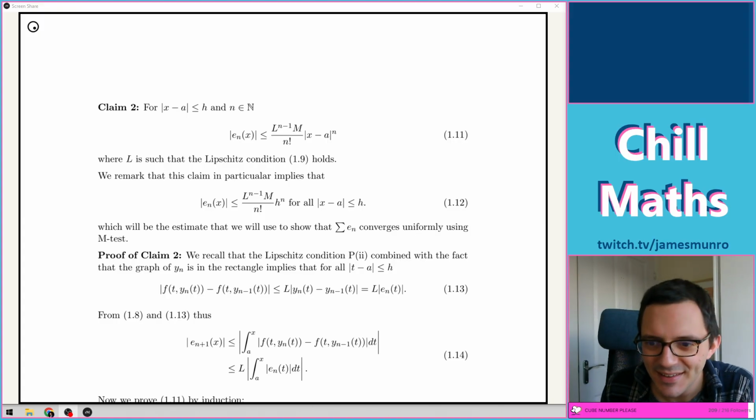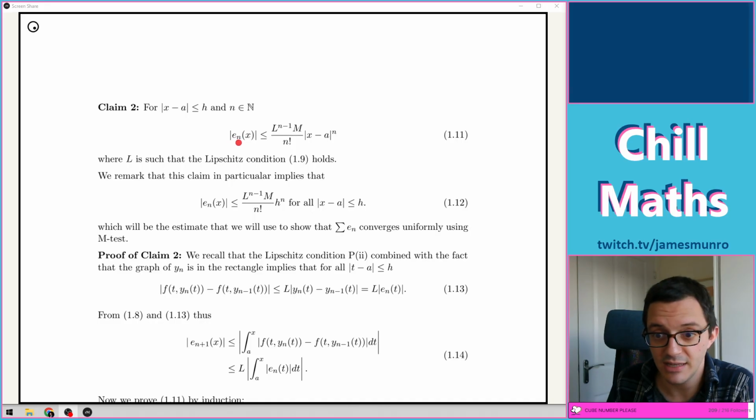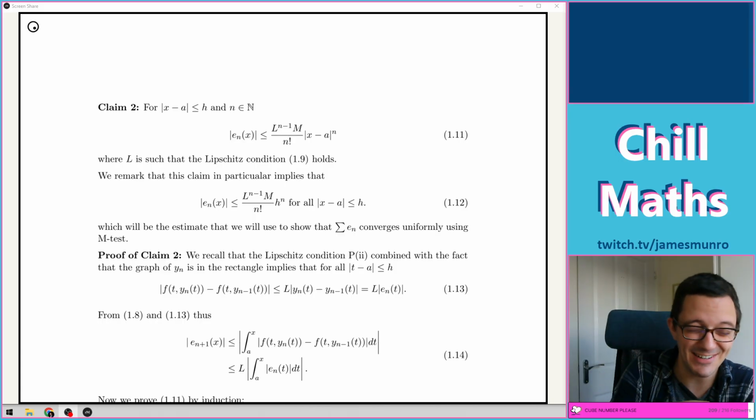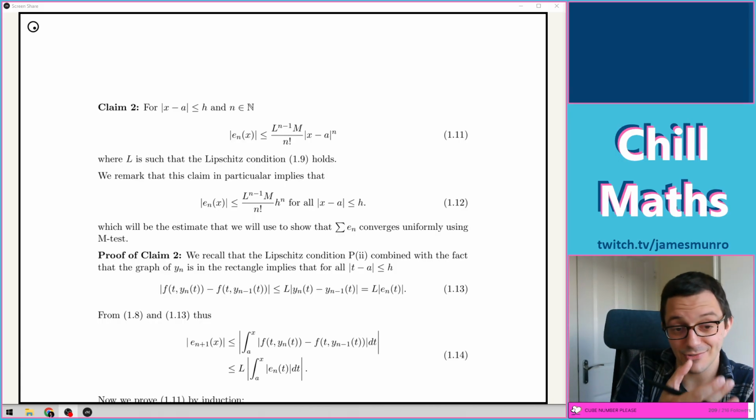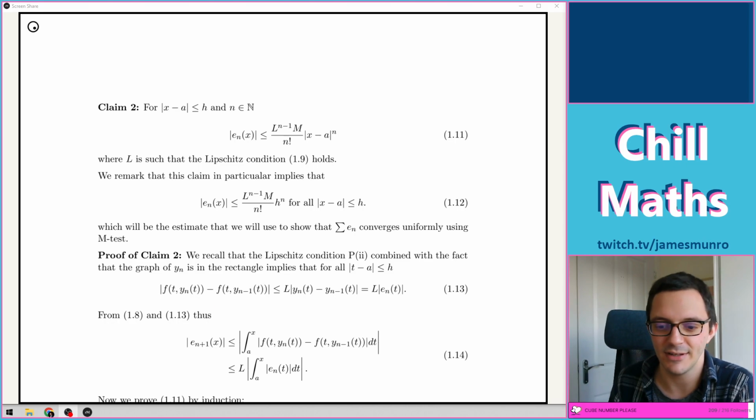Okay. So this claim looks like it comes out of nowhere, but remember that these e's are defined as the difference between y's, and the difference between y's satisfies a differential equation, also an integral equation if you like, involving f's again. So it's not too surprising that you can get from a statement like this, if you know about the difference between f values, that's the thing in the definition of the Lipschitz condition.